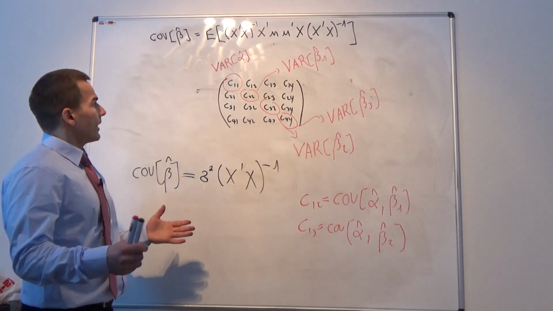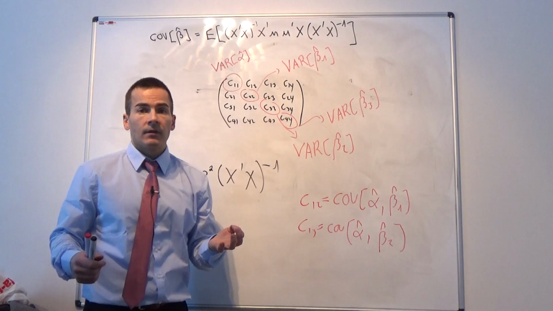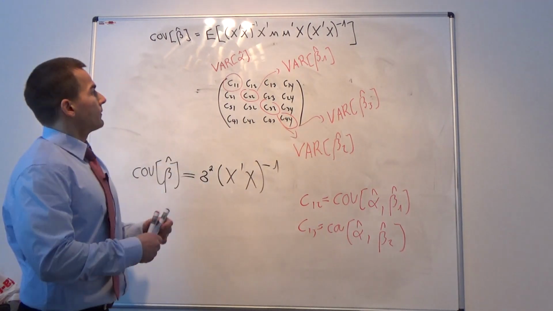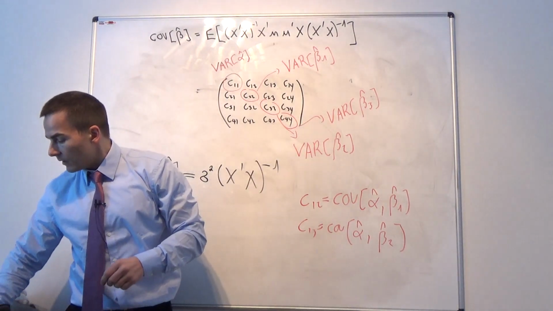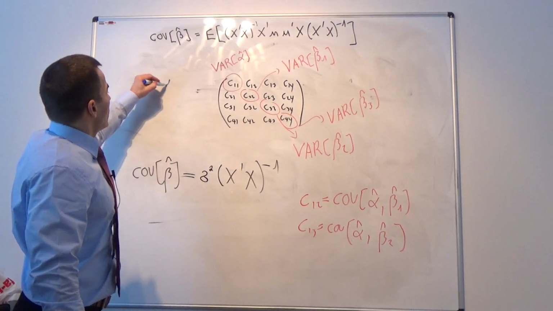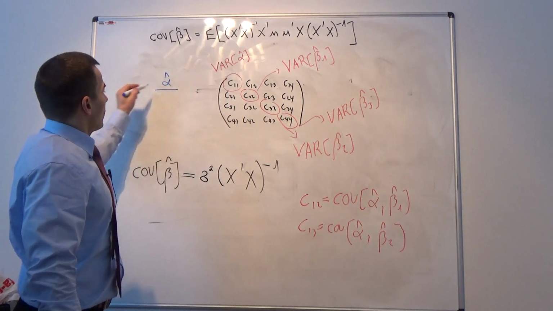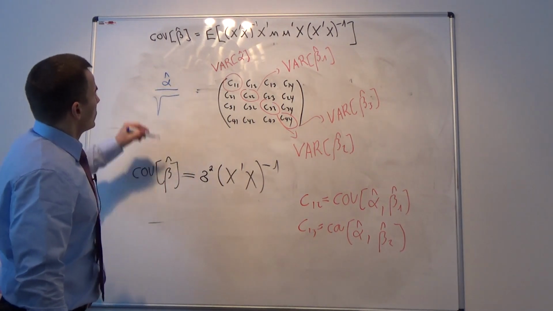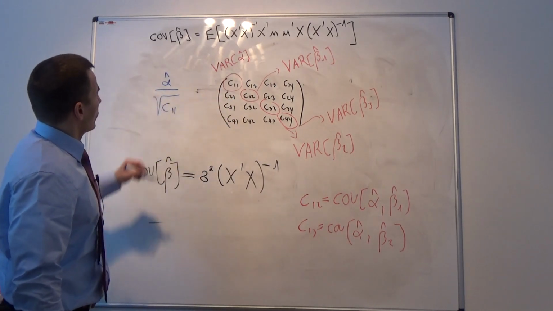So the question arises, how do we now compute our t-statistics? For instance, for our alpha, we have to grab the alpha from our point estimator beta hat, take the alpha from the vector and divide it by the square root of that guy here, C11.